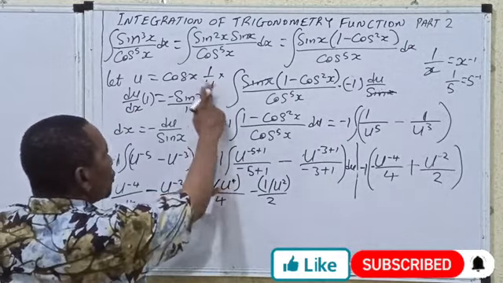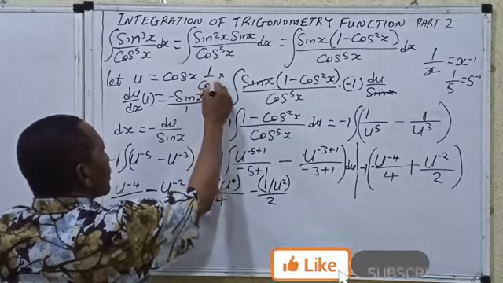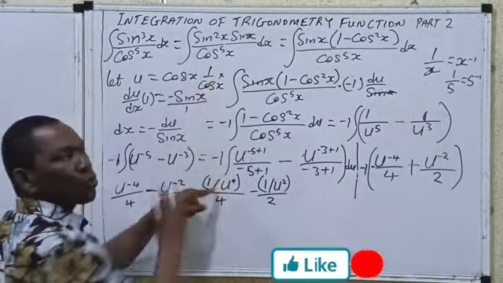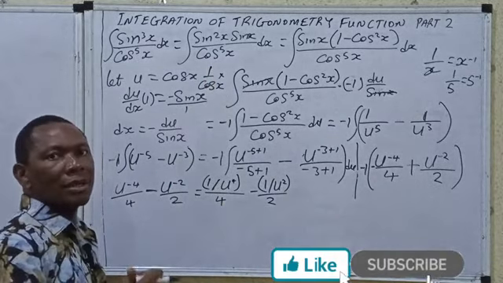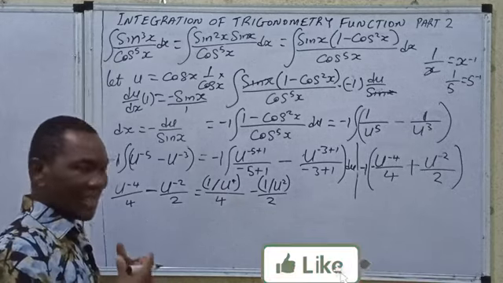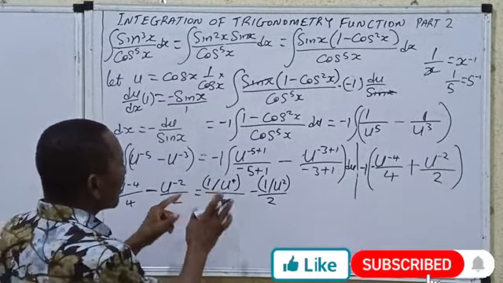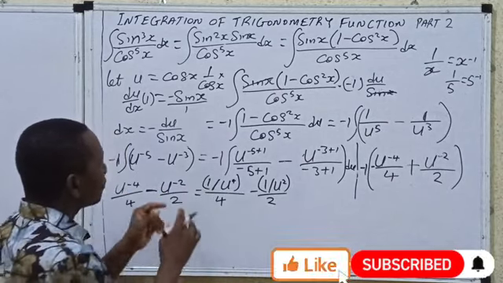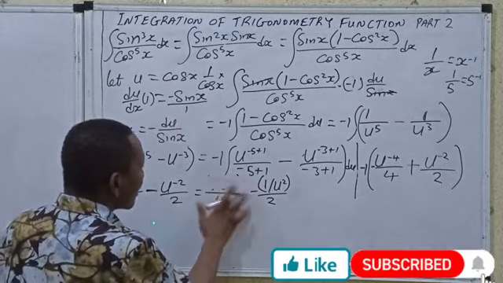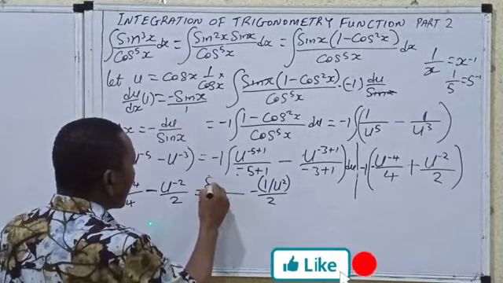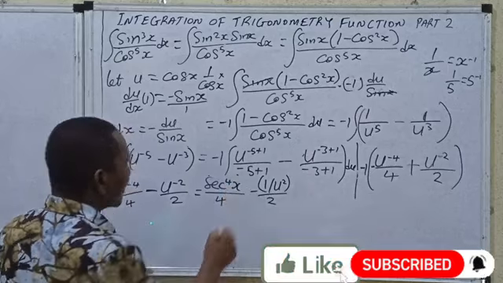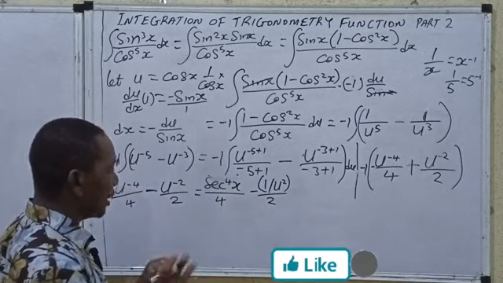And what is u? u is actually cos x. Now, 1 all over cos x in your normal trigonometric identity is actually sec x. So it's the same thing as writing sec raised to the power 4 of x.